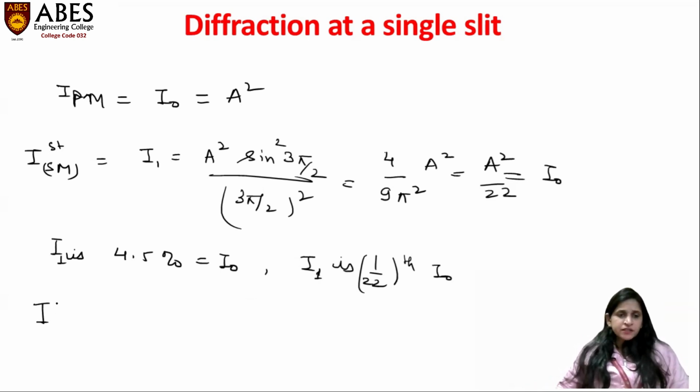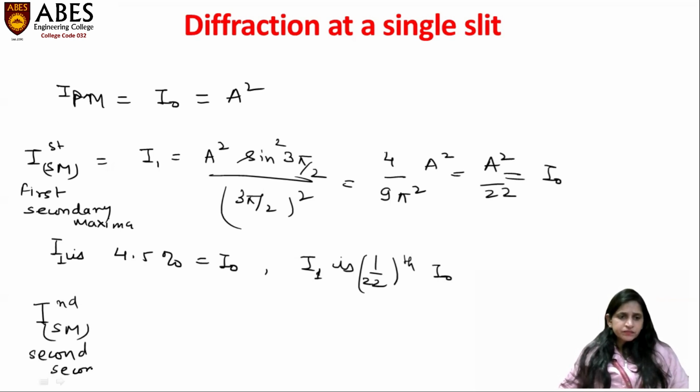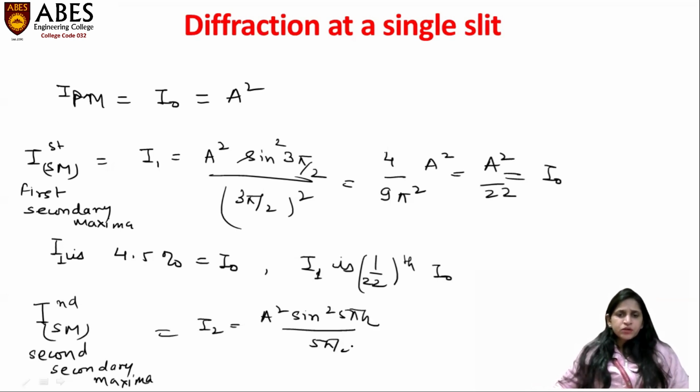We can even calculate the intensity of secondary maxima. Okay, this is the first secondary maxima. When we similarly calculate for the second secondary maxima, what we get is, similarly, we will keep the value of A square sine square 5 pi by 2 upon 5 pi by 2 ka square.